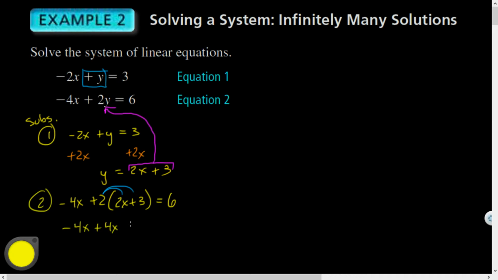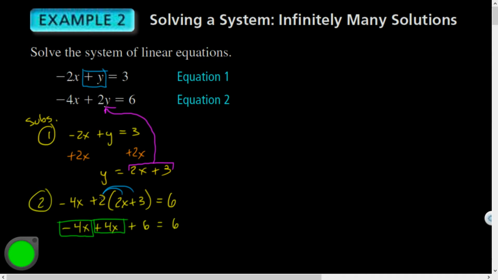All right, so guys, I'm distributing. Oh, error. So anyways, we don't have a lot of time, so we're going to talk about these infinitely many solutions.